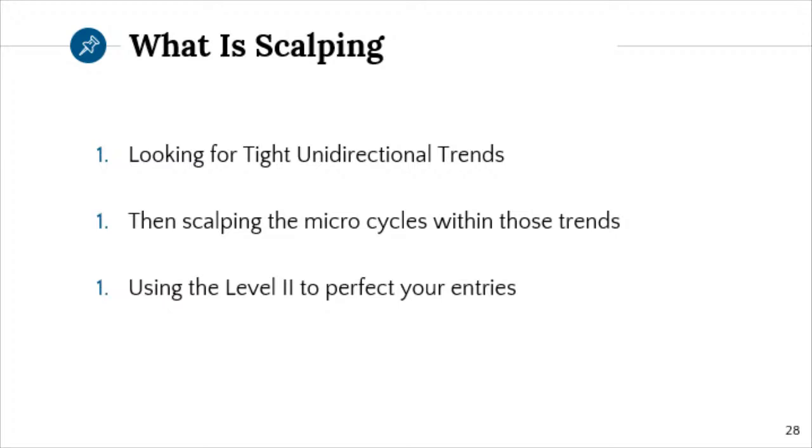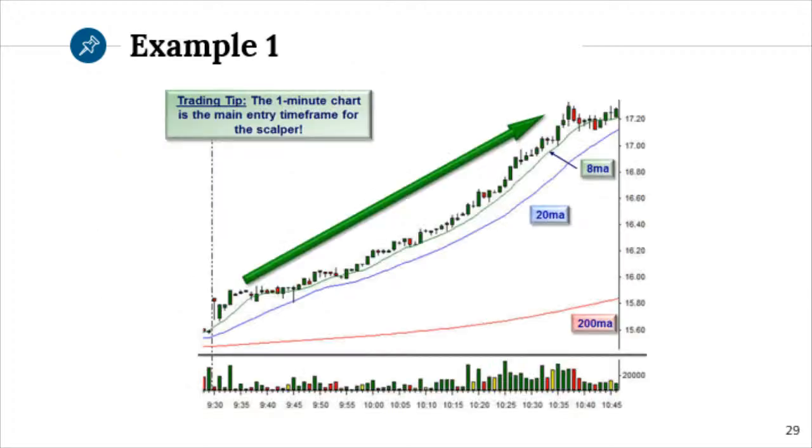Most of the time, I look, not at the open necessarily, but later on in the day, for really tight uptrends, really tight downtrends. Look for unidirectional trends, then scalp the microcycles within those trends, using the level 2 to perfect your entries.